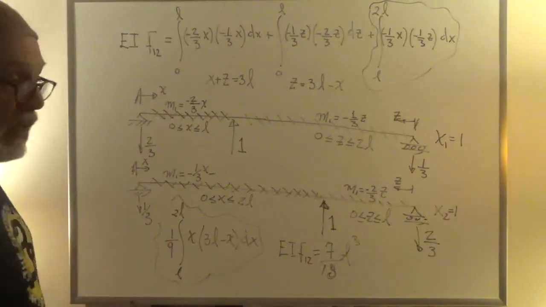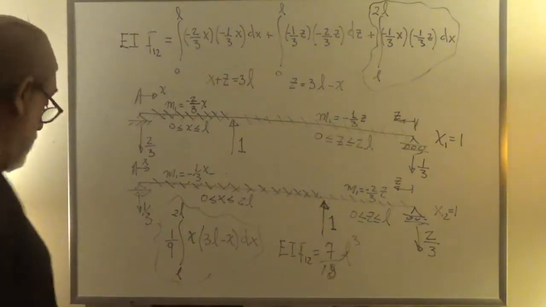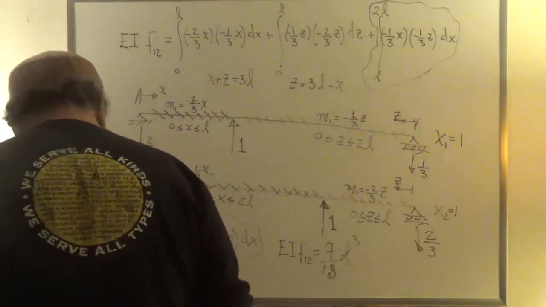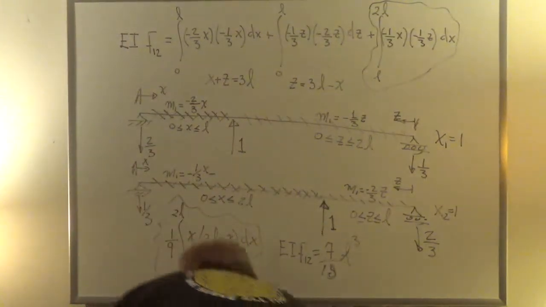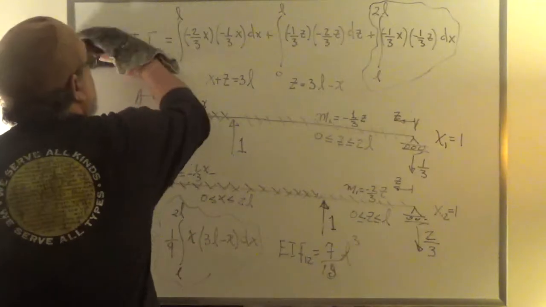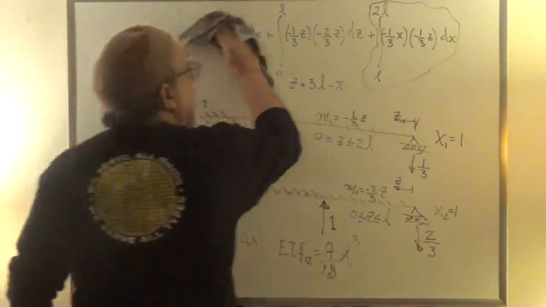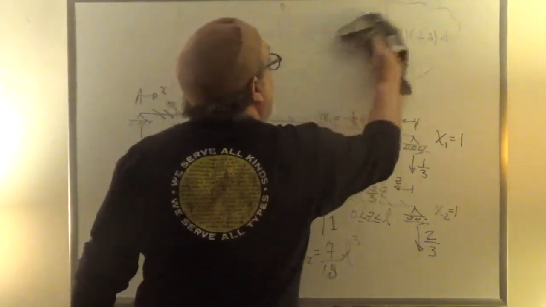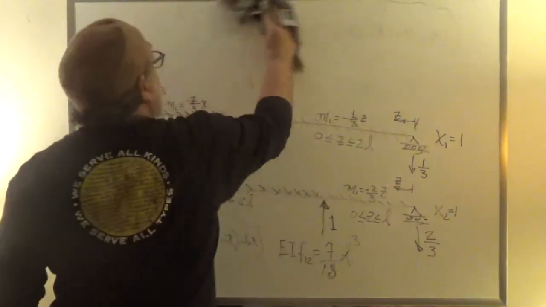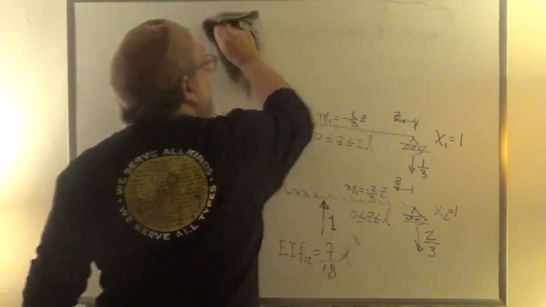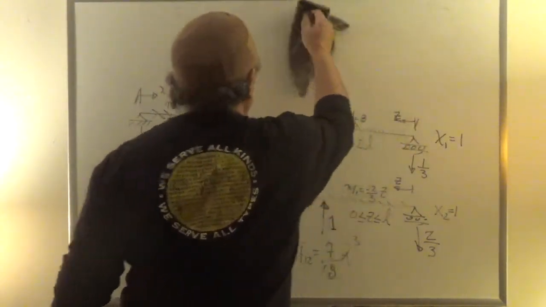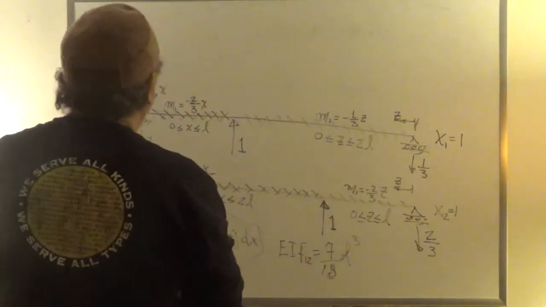Now, to go forward with the other parts, we have to do F11 and F22. In F11 and F22, this issue about substituting x and L does not arise, right?